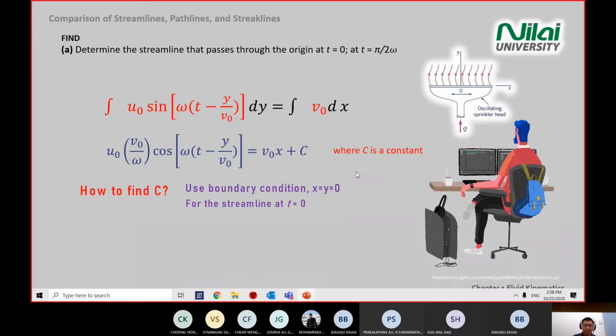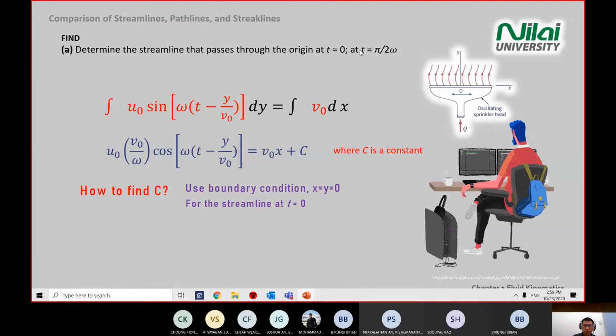So we have one set of conditions here. At the origin, if you look at the diagram, this is the origin. At this point, your x and y coordinates are x equal to 0, y equal to 0. And the time that you need to solve for section A here is t equal to 0.